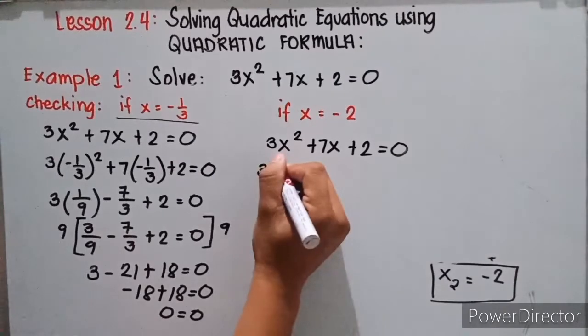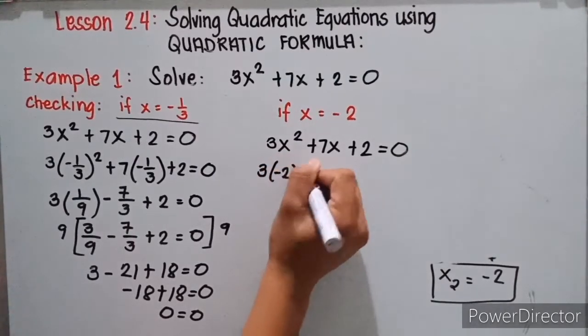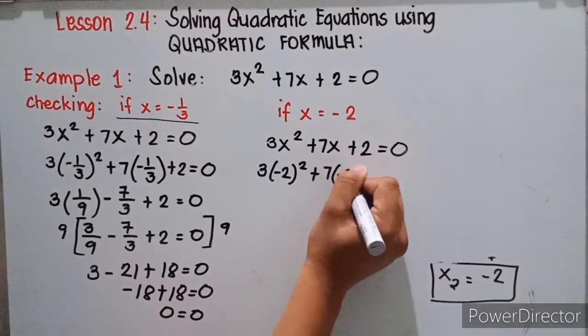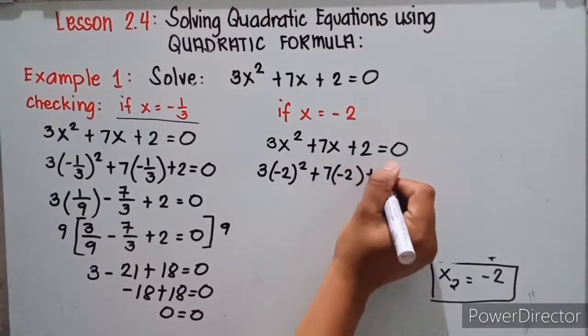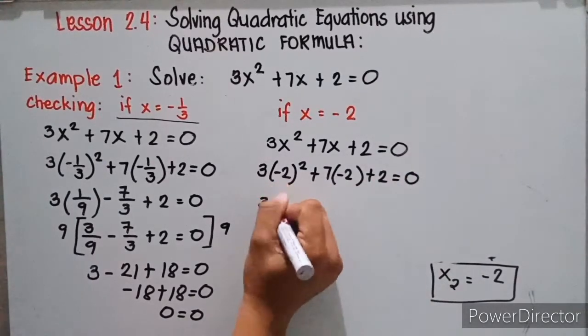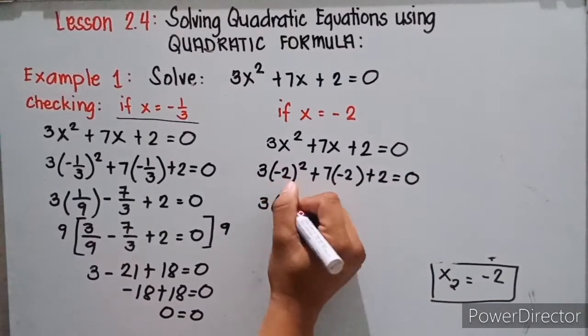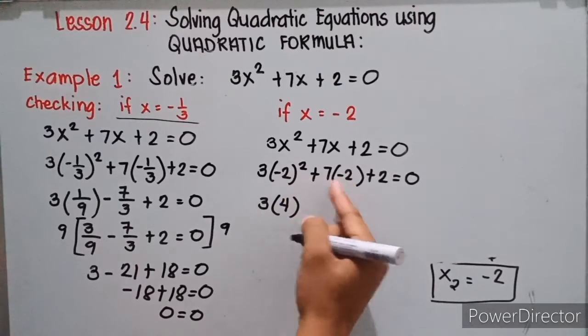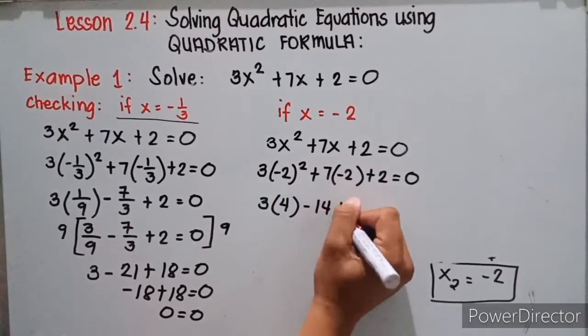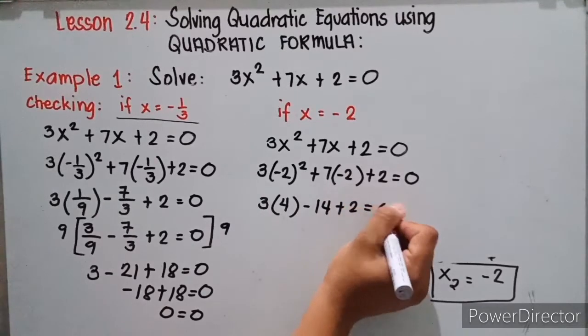So 3 times negative 2 squared plus 7 times negative 2 plus 2 is equal to 0. So 3 times negative 2 times negative 2 is 4. 7 times negative 2 is negative 14. Plus 2 is equal to 0.